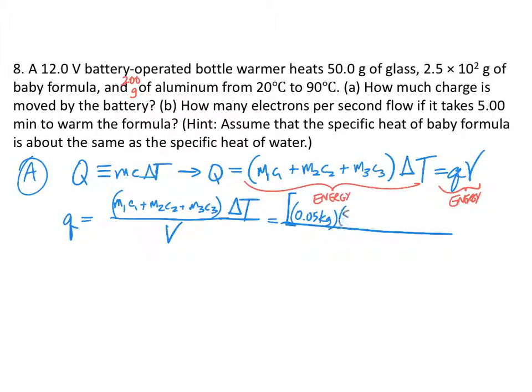And glass has an 840 joules per kilogram degrees Celsius heat capacity, plus 0.2 kilograms for the formula.